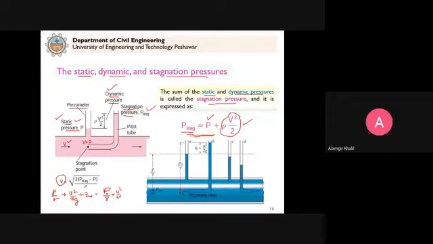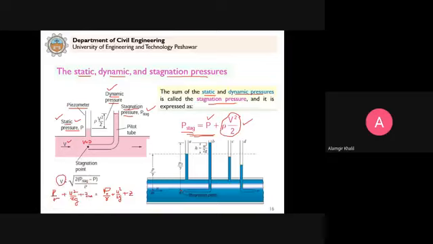So we have U square by 2g, and plus we have Zn, meaning the elevation of this fluid at N. Clear? Okay. So now we consider this one.